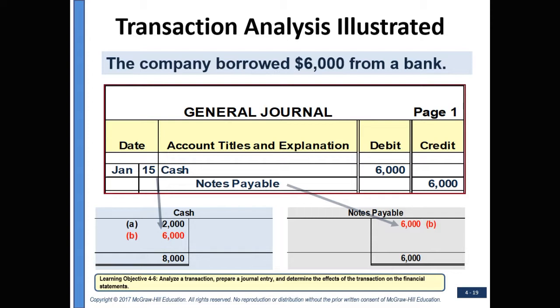The ledger account balances are then updated after each entry. So as you see here, we have an $8,000 debit balance to cash and a $6,000 credit balance to notes payable. These are only two of the accounts that represent the entire accounting information system.